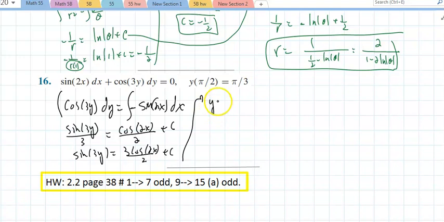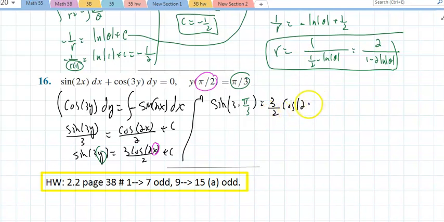Now, if I throw in pi over 2 for x, I will get y to equal pi over 3. So this will be the sine of pi, and there will be a 3 times there, equal 3 over 2 the cosine of 2 times pi over 2 plus c.